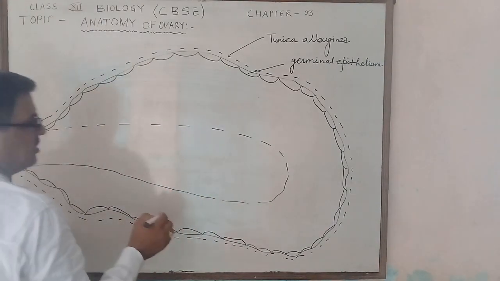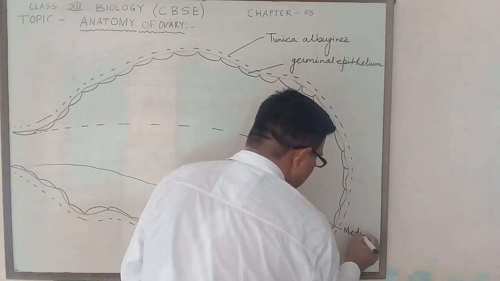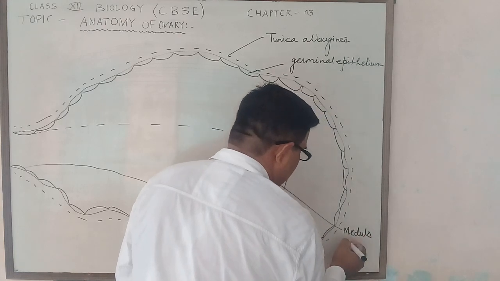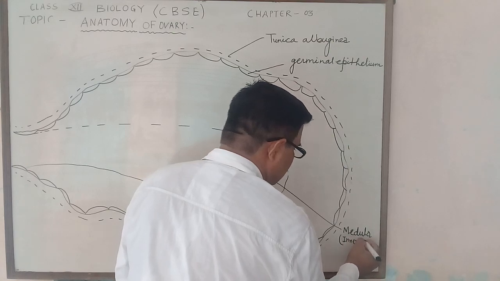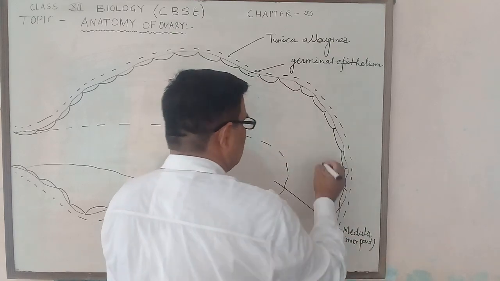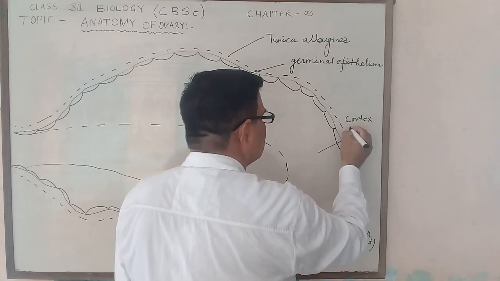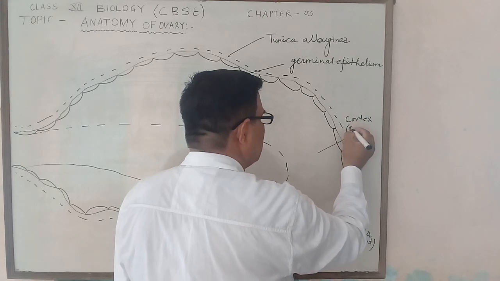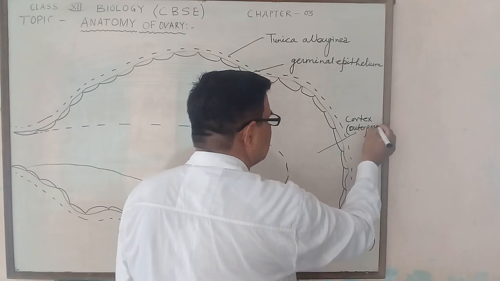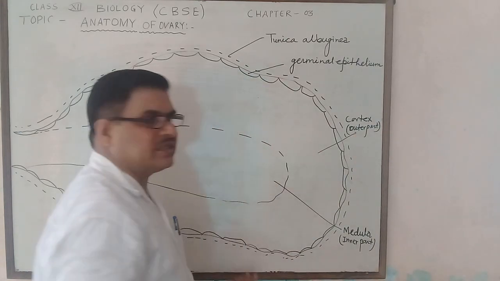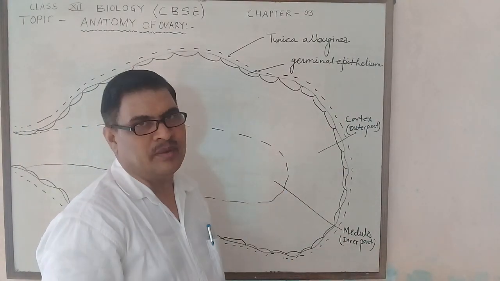The innermost part is called the medulla, and the outer part is called the cortex. So the ovary has two parts: the outer part is called the cortex and the inner part is known as the medulla.